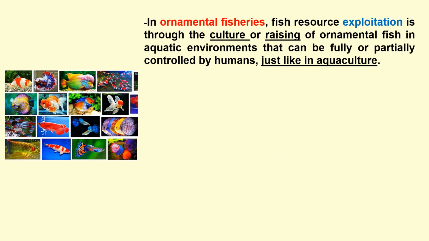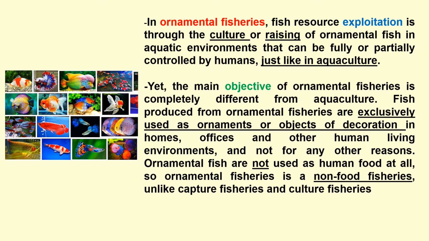The third one, ornamental fisheries: the fish resources are exploited through the culture or raising of ornamental fish in an aquatic environment that can be fully or partially controlled by humans, just like in aquaculture. But the main objective of ornamental fisheries is completely different from aquaculture.